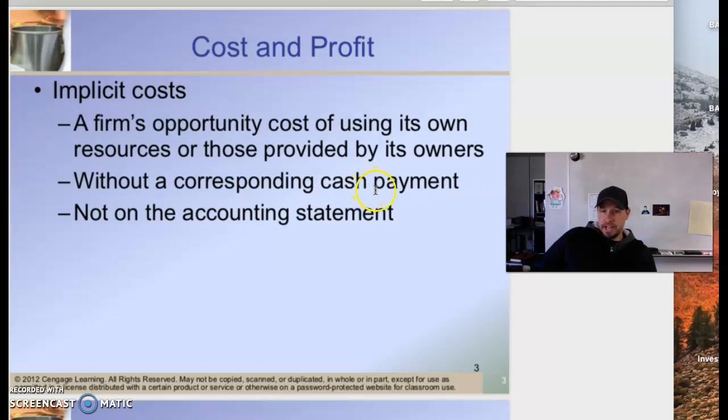However, okay, I own it. I'm not paying rent to myself, but there is an implicit cost because I could be renting that out, getting $100 of revenue or income from renting that out. So there is a cost. It's just not an actual cash payment. I'm not paying rent to somebody else. I'm essentially paying it to myself. So that's the idea of implicit costs.